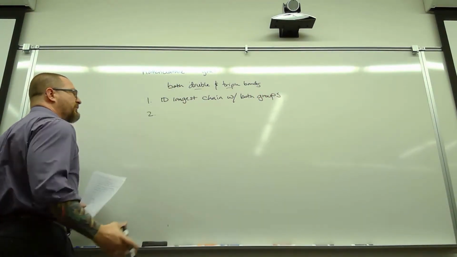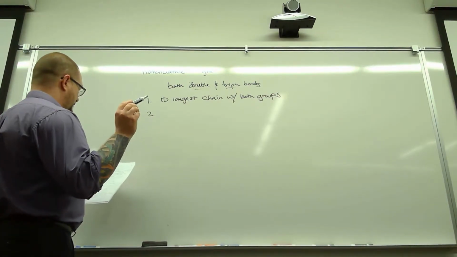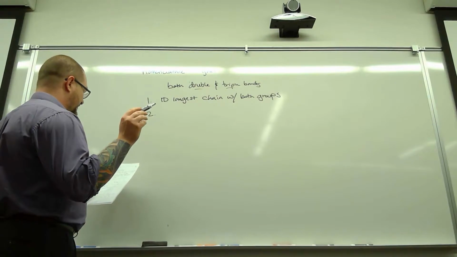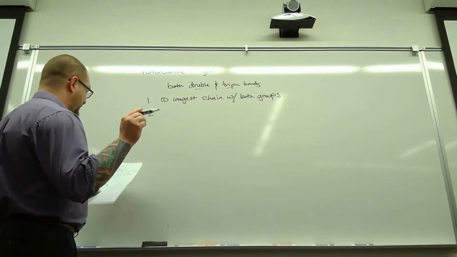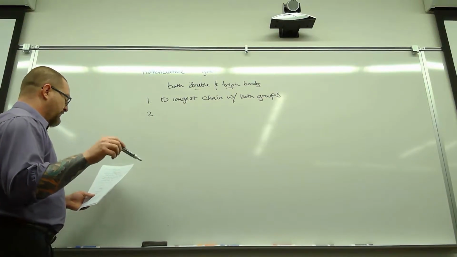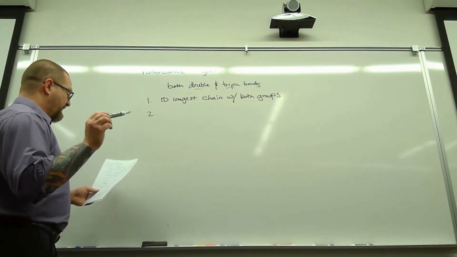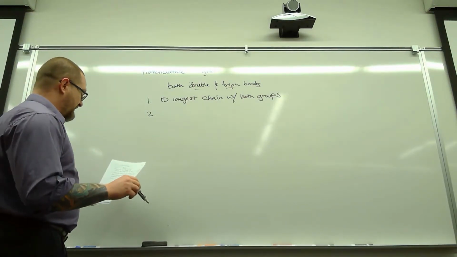Once you've identified the longest chain, you number the chain. I'm just going to read it because it's a little convoluted. You number the chain indicating the location of the first stated functional group, usually placed before the parent chain, and you number the second immediately before the suffix.